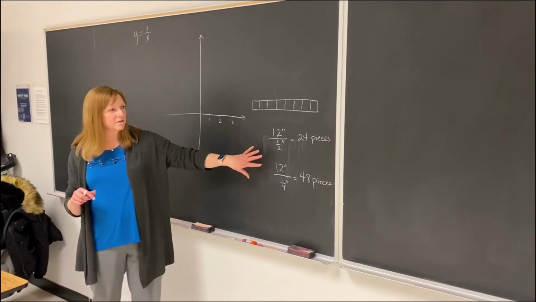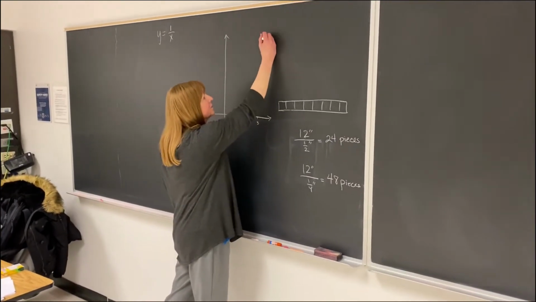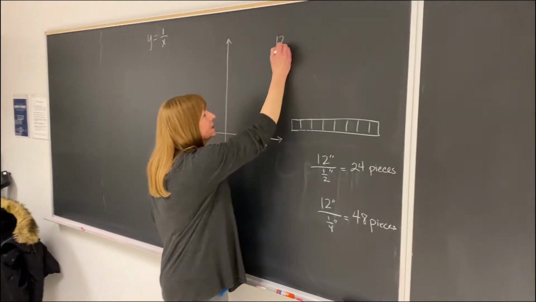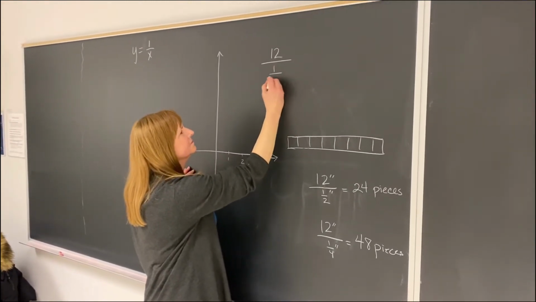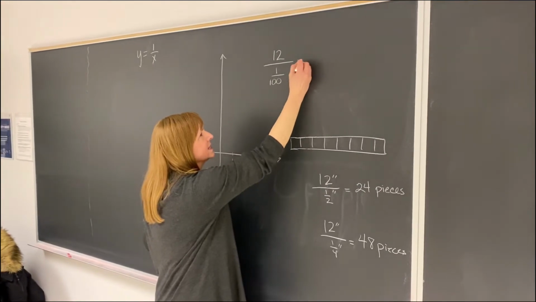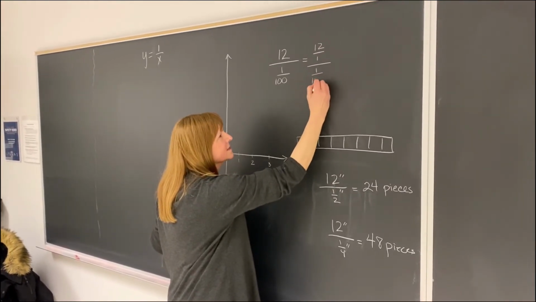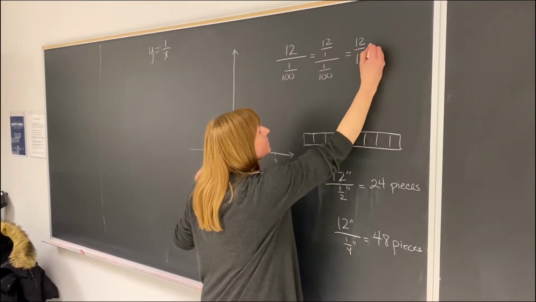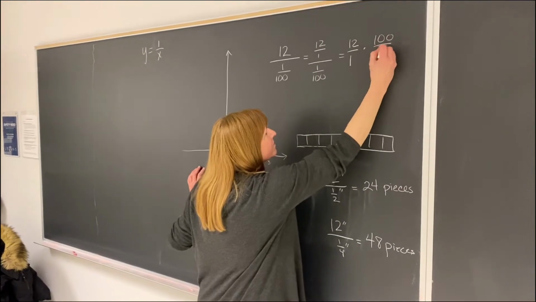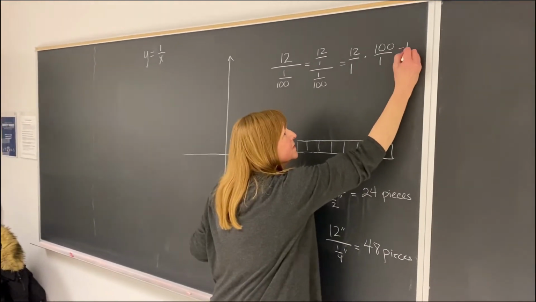Let's just do a quick review of how fractions work. So if you have a number on top and you're dividing by a fraction, that's the same thing as this. And a lot of people have trouble remembering this.